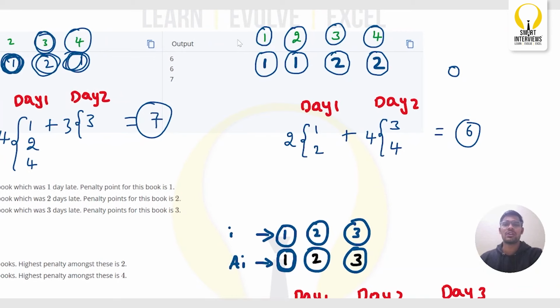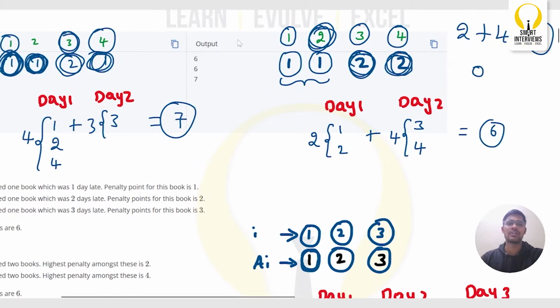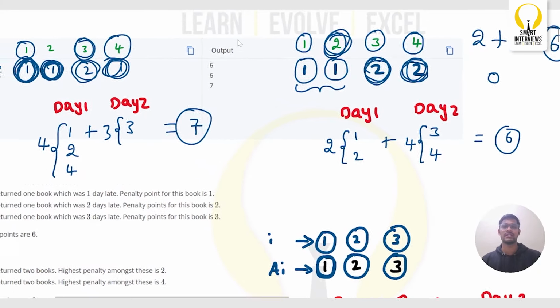Simple. So here also, for the 1s, what is the highest index? 2. So 2 plus, for the 2s, what is the highest index? 3, 4, which is highest 4. So you'll take 4, you'll get 6. So basically for each element, if it is repeating multiple times, you need to take its highest index value, and the index is 1 based index.